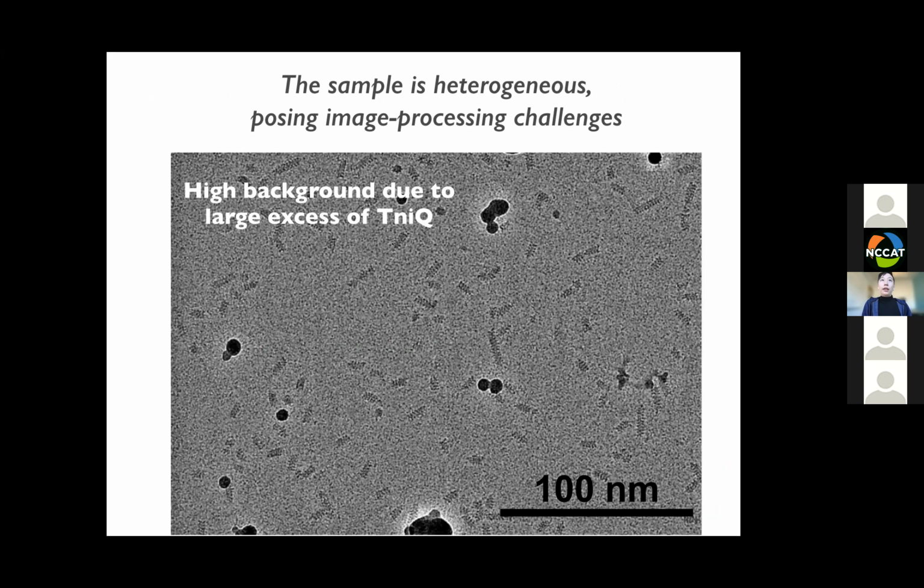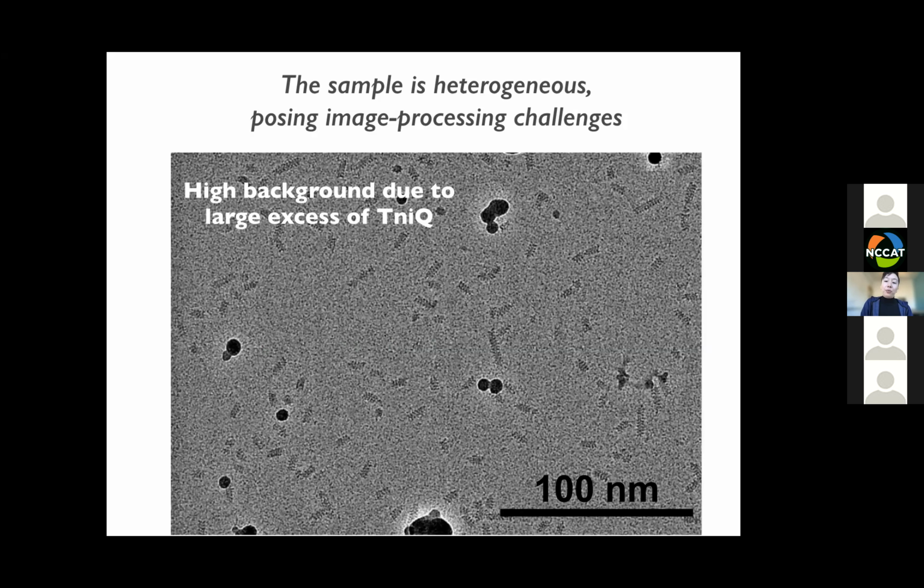But any cryo-electron microscopist looking at this image will notice that there's a high background in all of these images. It looks kind of grainy in the background, and that's because of the high excess of TniQ protein that we threw into the mix. We did that because we wanted to be very sure that TniQ would have all the chances it could have to associate with the polymerizing TnsC filament.